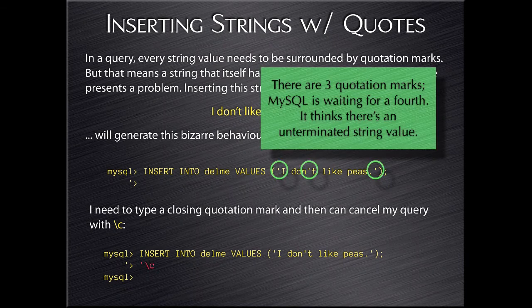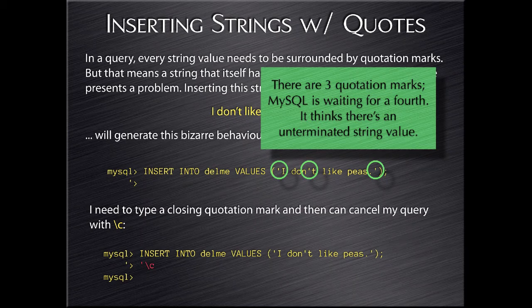Now, the reason I got here is because there are actually 3 quotation marks there, and MySQL is waiting for the 4th. So the first quote opens a new string, which is I space DON. And then the apostrophe in don't closes the string. So the string is done.